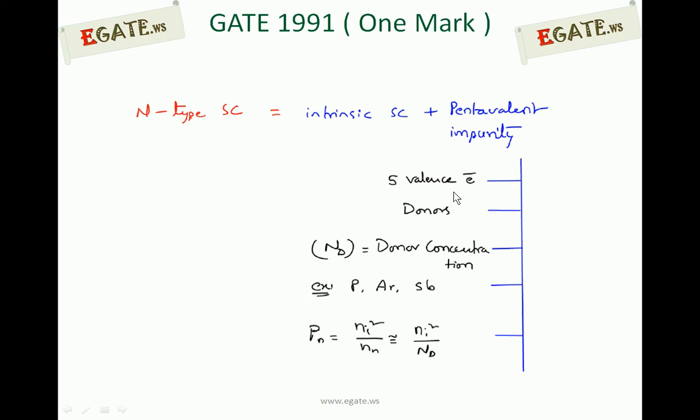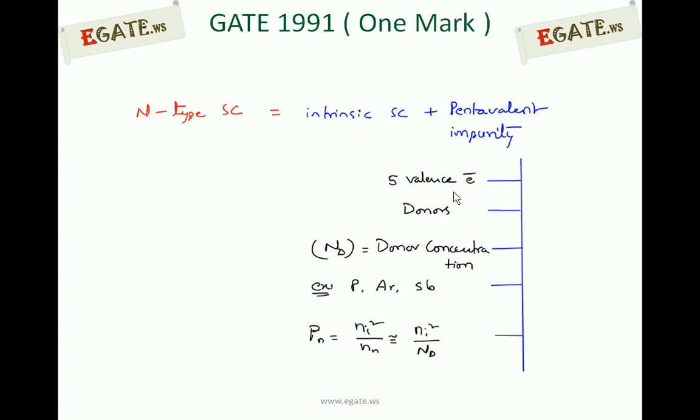Out of that, 4 valence electrons are used for sharing electrons to get a stable configuration, like in a covalent bond. The one extra electron will become a free electron at higher temperatures, so that will contribute to the current. One pentavalent atom gives one free electron. If you add 10 pentavalent atoms, that will give 10 free electrons.